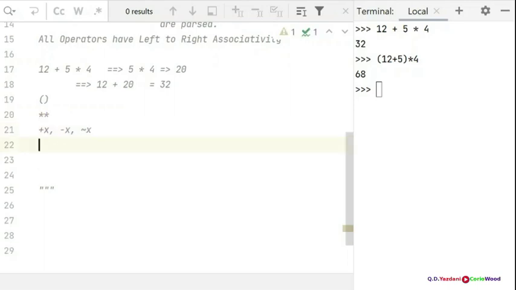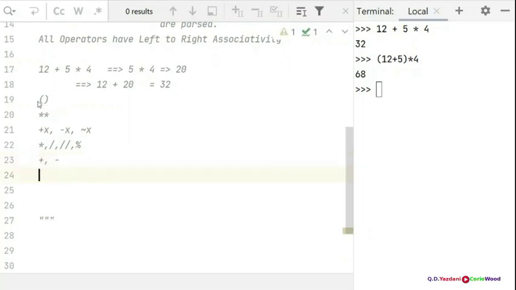Then the next one, as I said to you guys, is multiplication, then division, then floor, then modulus, and then the next one is addition and subtraction. So you guys come here and put addition and subtraction.